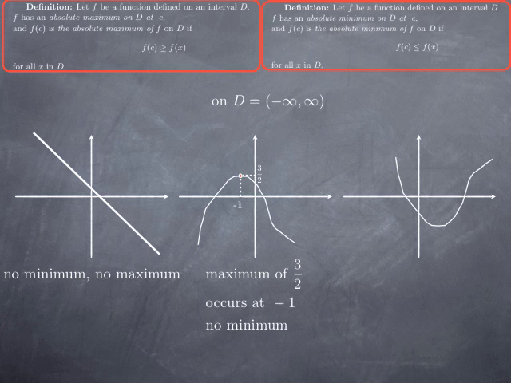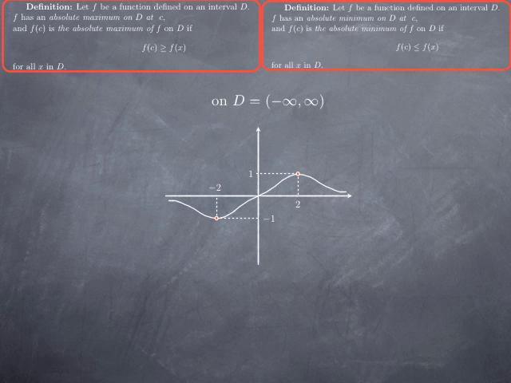For this function here, we have an absolute minimum. The smallest value that the function reaches is -4 and it occurs at 2. But we have no maximum. There is no largest value that the function takes. So we can have no minimum and no maximum, or one but not the other, or we could have both.